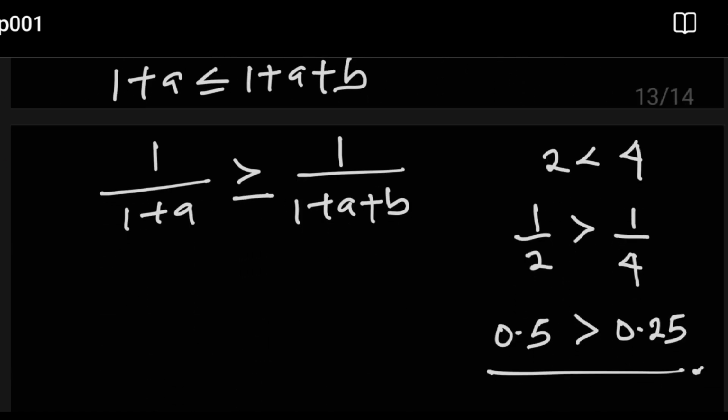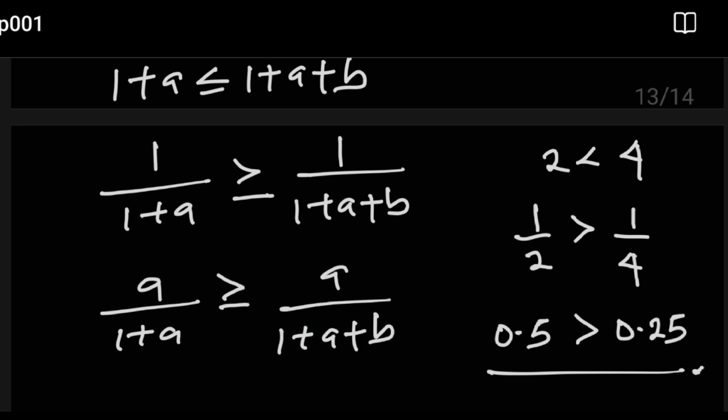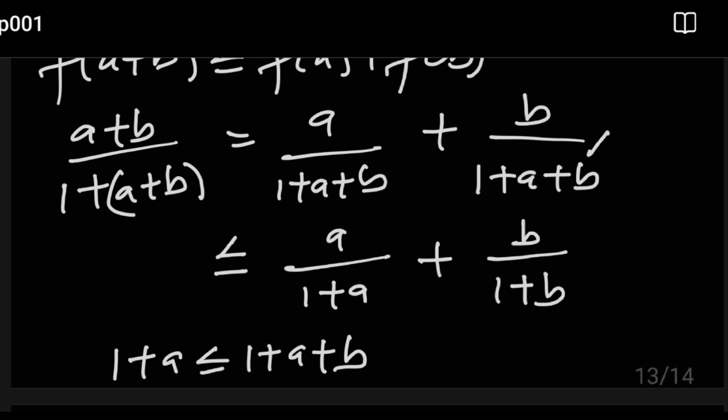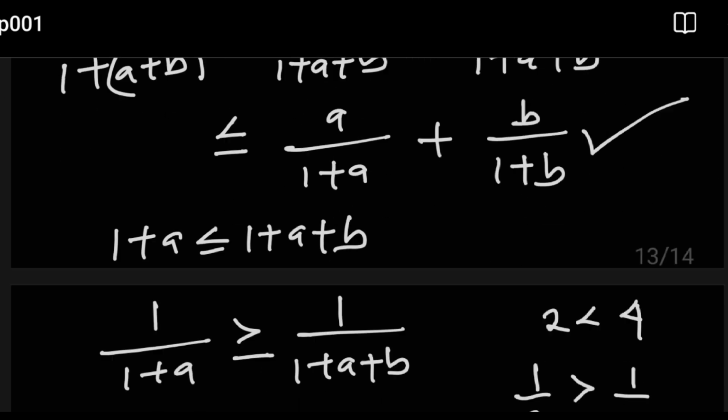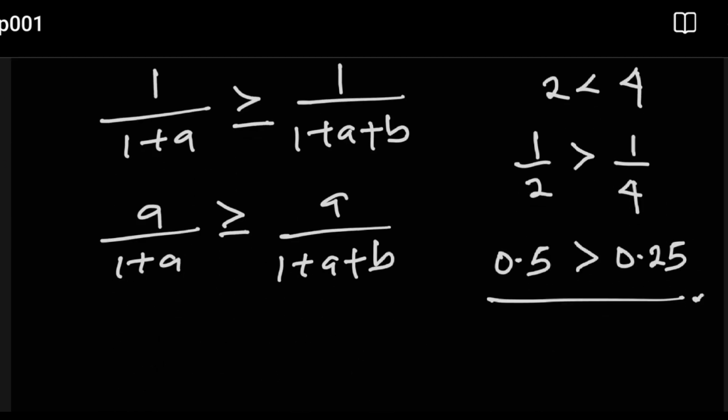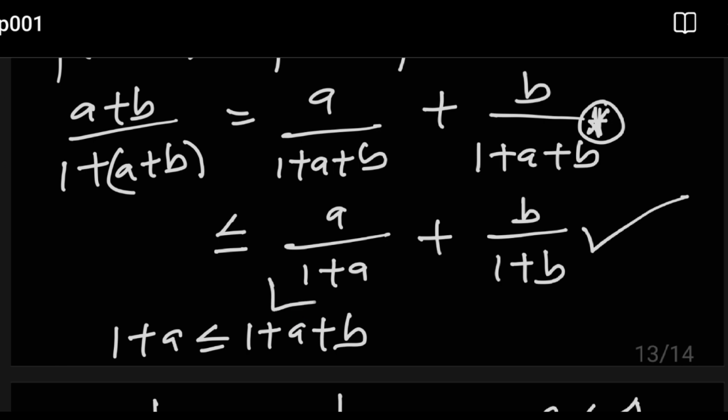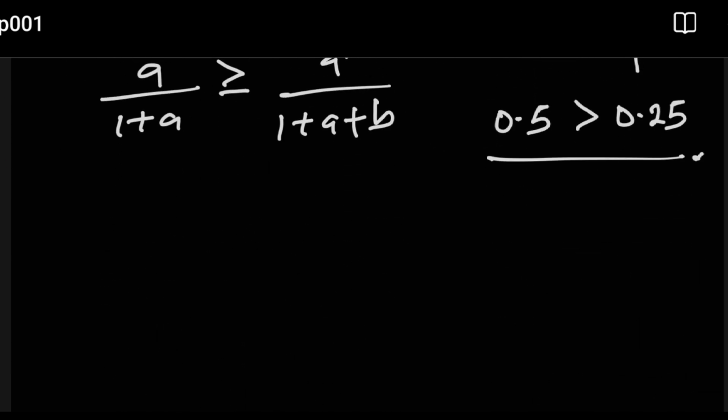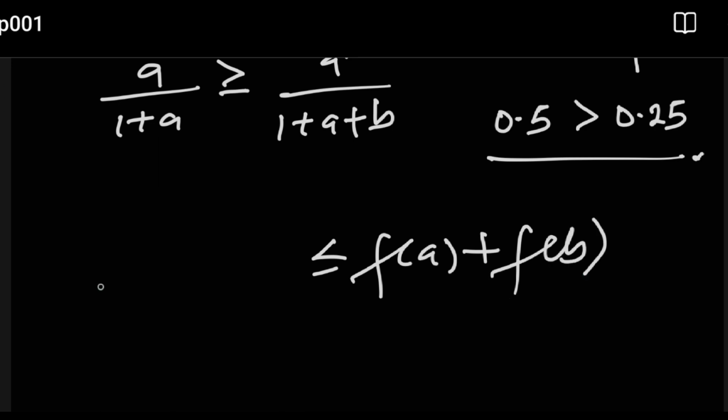So when you multiply through by a, a over 1 plus a is actually greater than a over 1 plus a plus b, which is the same thing on this other side. So that shows this is right. And what is this? So this is actually f of a plus f of b. So we've shown that f of a plus b is less or equal to that.